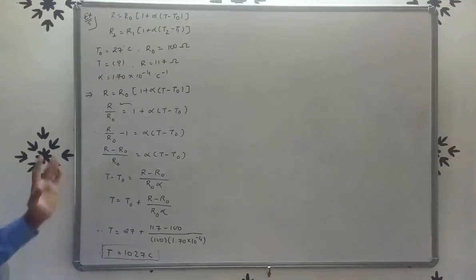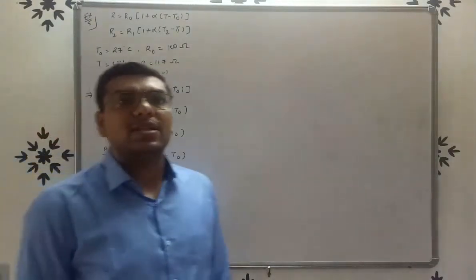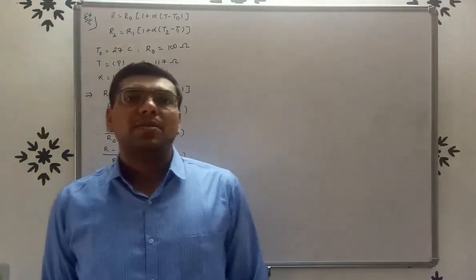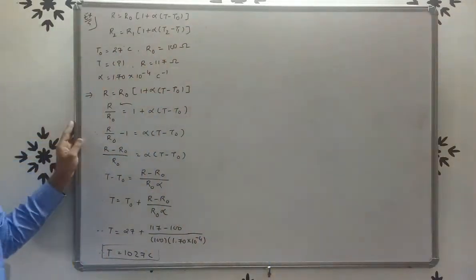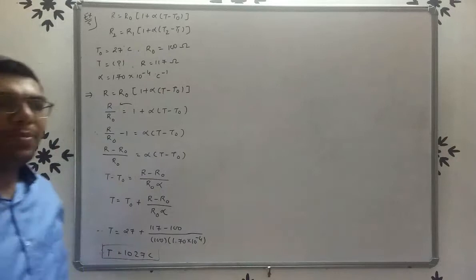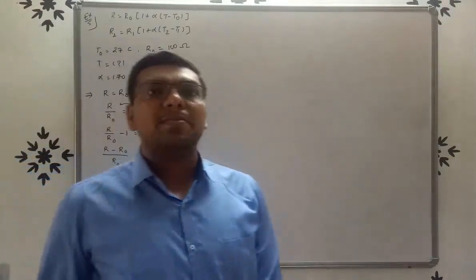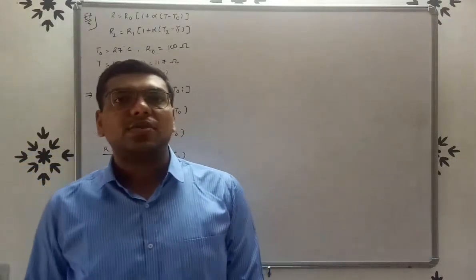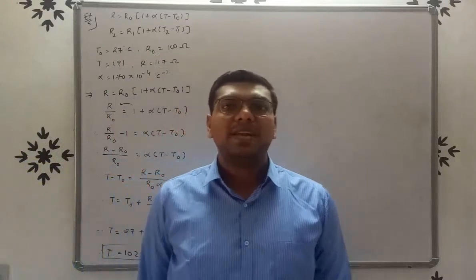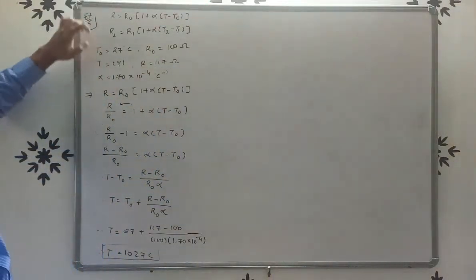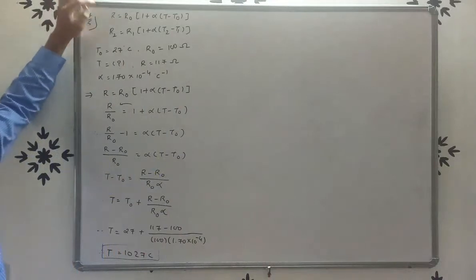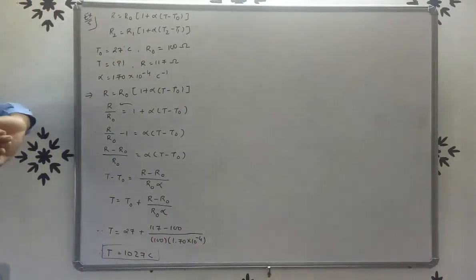Right. So this is a very easy example. We only have to remember the formula R is equal to R0 into 1 plus alpha into T minus T0. Right. Room temperature is given by T0 and resistance at room temperature is R0. Right.